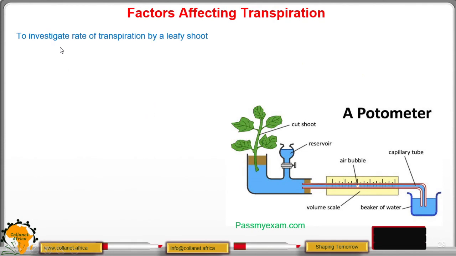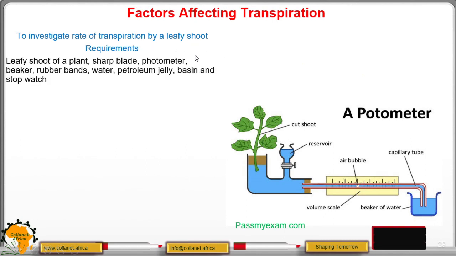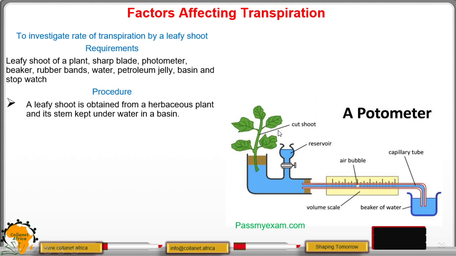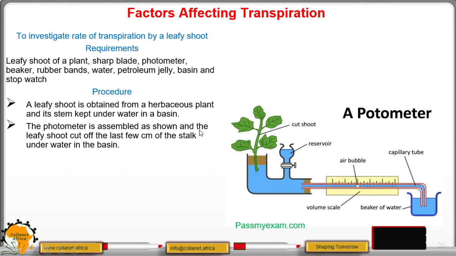So you also want to look at another experiment of investigating the rate of transpiration by a leafy shoot. So these are the requirements. The procedure is that the photometer is set, as you can see here, where a herbaceous plant or a plant with a weak stem is kept underwater inside a basin.